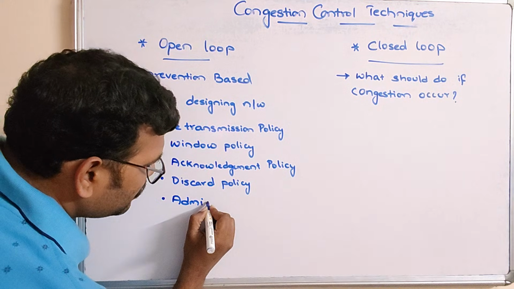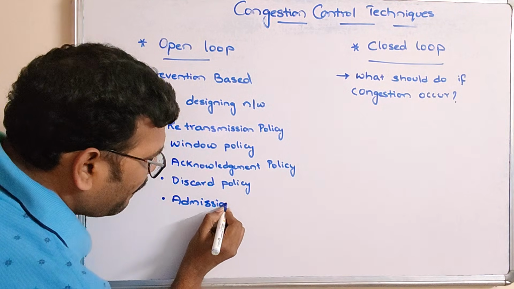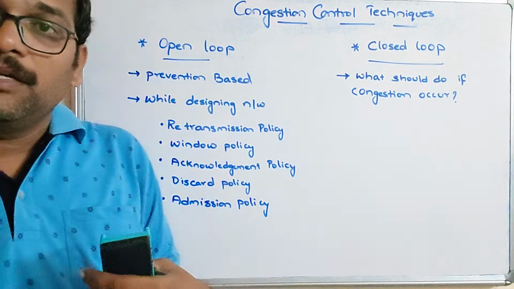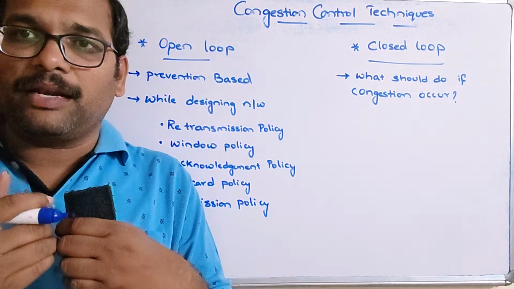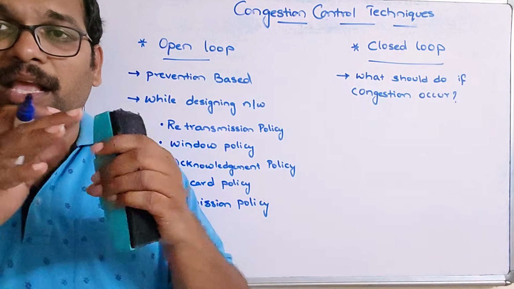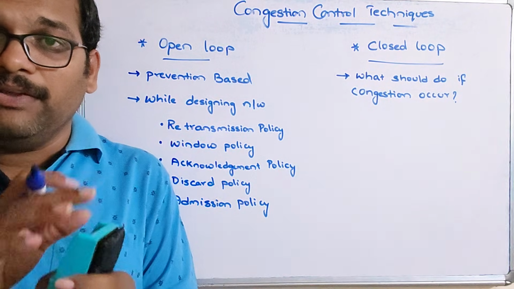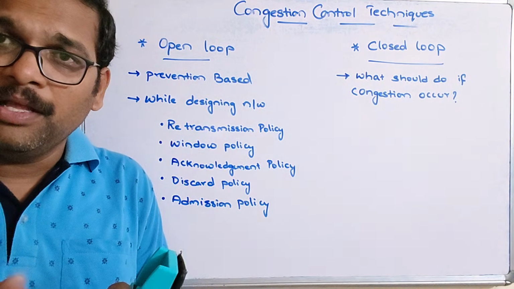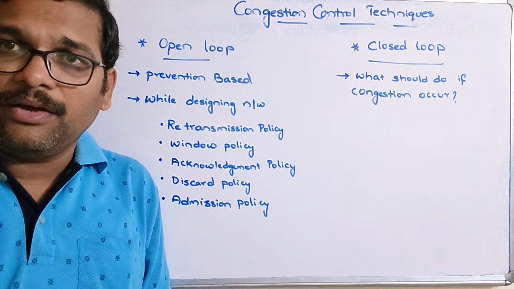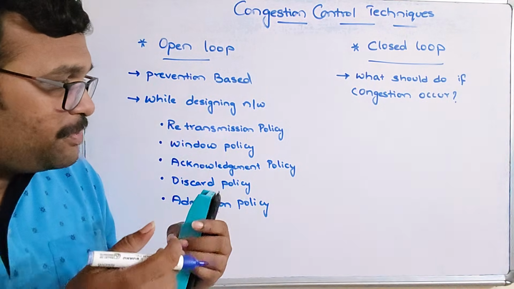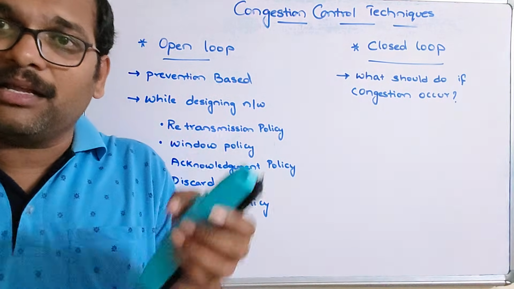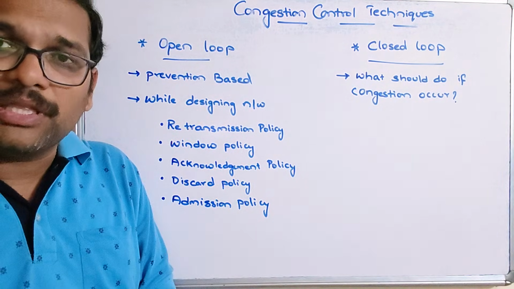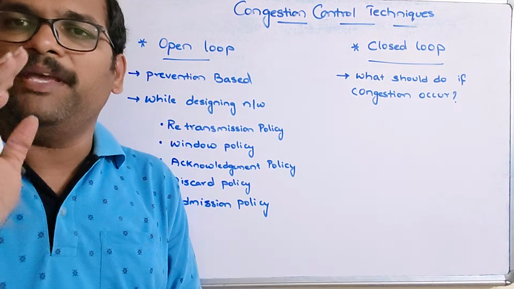And the next one is admission policy. Admission policy means, before accepting the request, it will check whether everything is fine. If any one thing is a problem, that means either bandwidth, transmission rate, or the current network traffic, everything will be checked, and based upon that, the new request will be accepted.